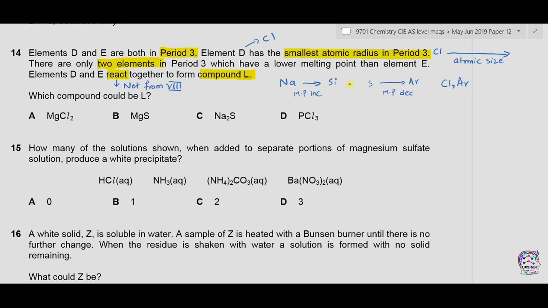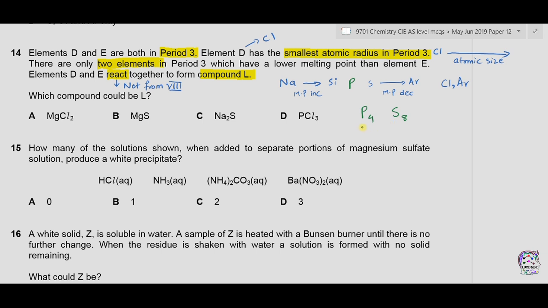In between this trend, phosphorus has a lower melting point as compared to sulfur. This is because phosphorus exists as a molecule of 4 atoms while sulfur exists as a molecule of 8 atoms. And we know that when the number of atoms increases, the size of the molecule increases, and when the size of the molecule increases, the intermolecular forces of attraction or van der Waals forces also increase.